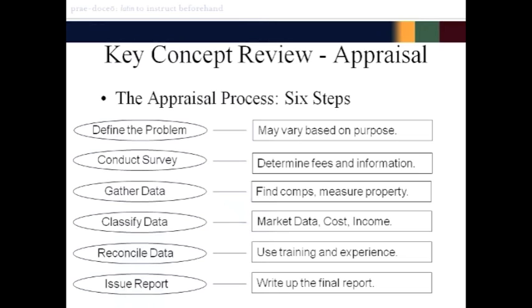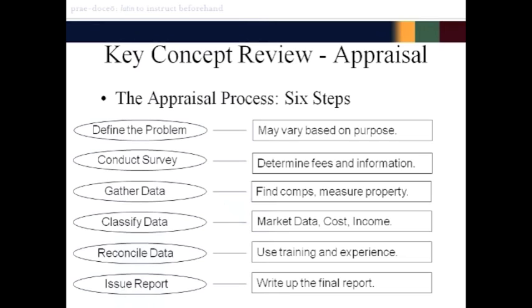Step 2 is conduct a survey. That's when they go out and determine their fees. They also determine what information they have to pull together in order to generate this report. Step 3 is gather the data. This is where they have to go out and find comparable sales, as well as figure out exactly what the subject property is all about, measure it, take photographs of it, and the like.